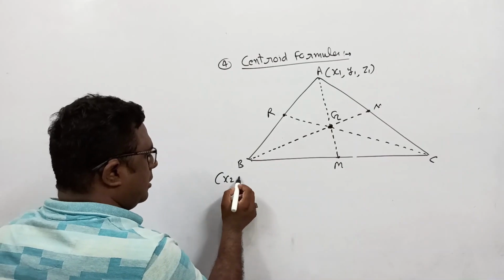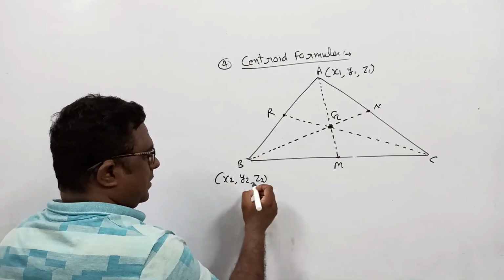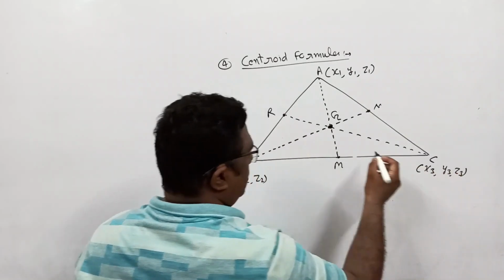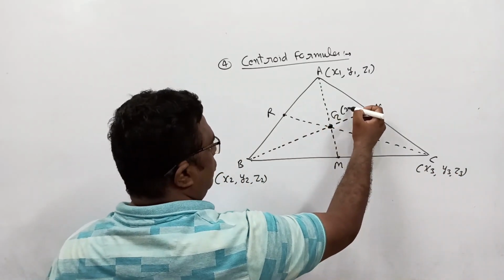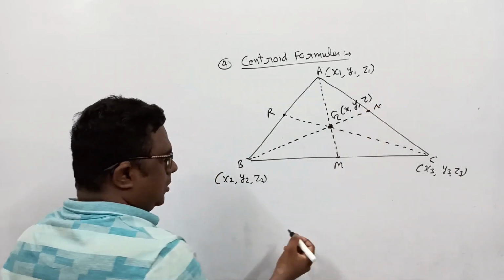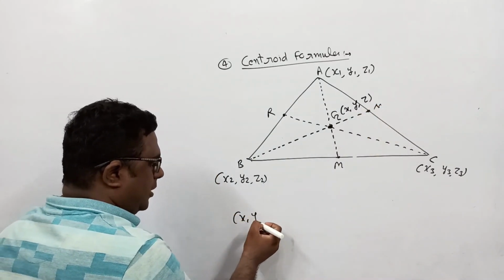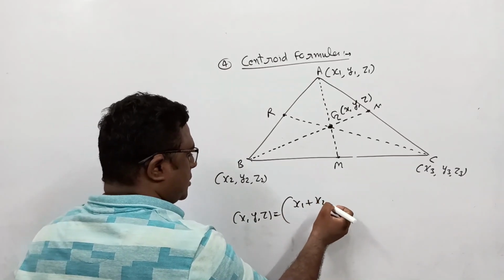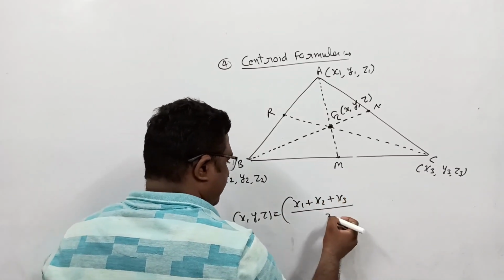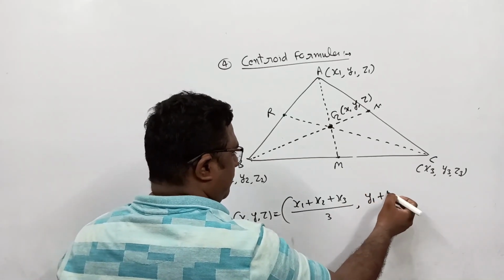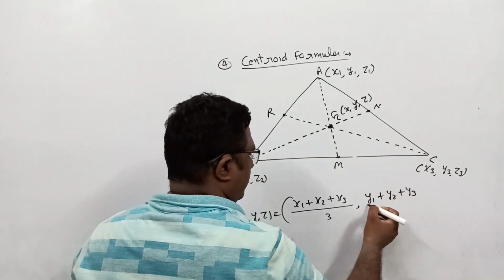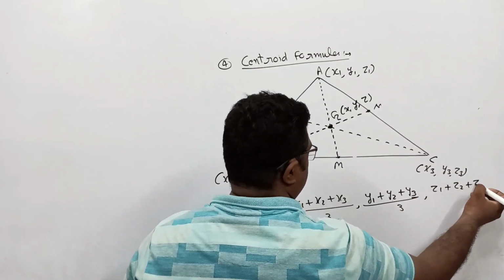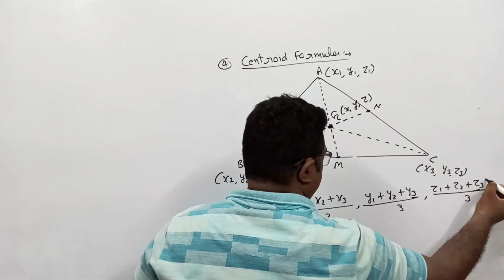The coordinates of B are x2, y2, z2, and the coordinates of C are x3, y3, z3. Let us say that the coordinates of centroid are x, y, z. So the formula of centroid will be x, y, z is equal to (x1 plus x2 plus x3) upon 3, (y1 plus y2 plus y3) upon 3, and (z1 plus z2 plus z3) upon 3.